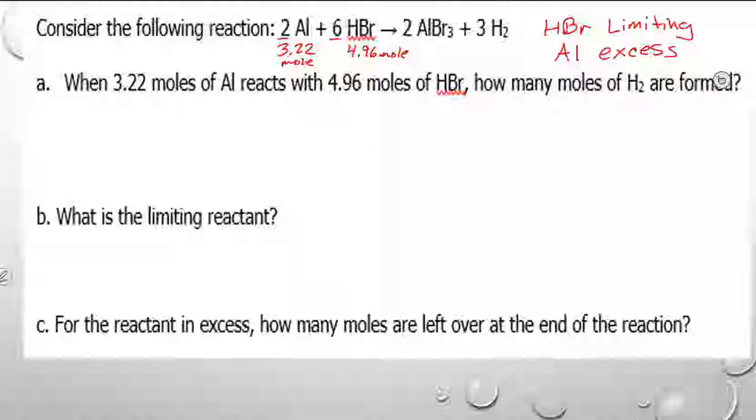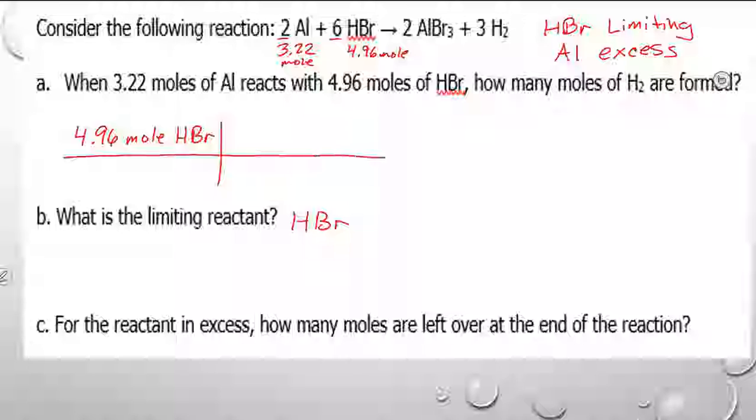So what is my limiting reactant? HBr. And I can go ahead and start with 4.96 moles of HBr. Now, what am I trying to get to here? How many moles of H2 are formed? This is just a simple conversion. I don't have to do a whole heck of a lot.